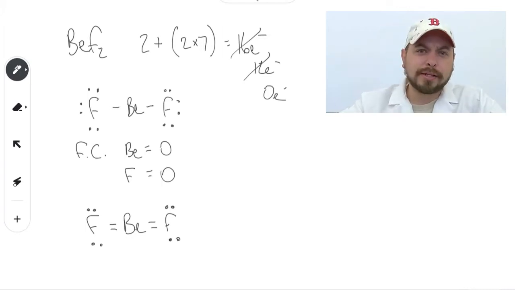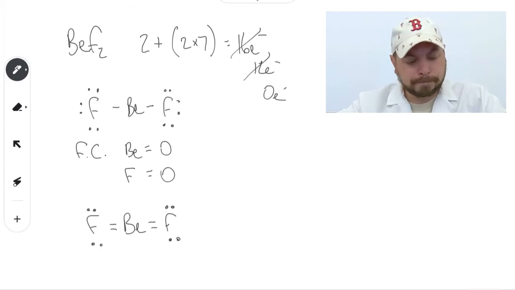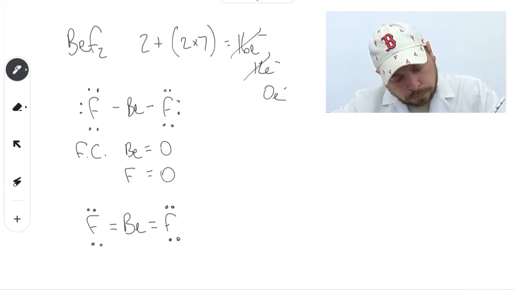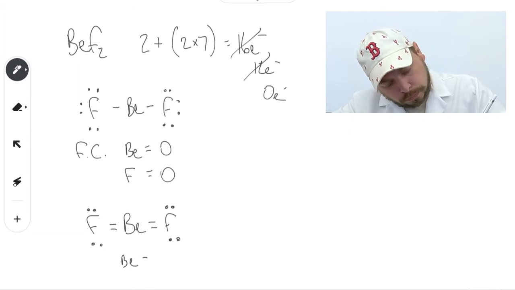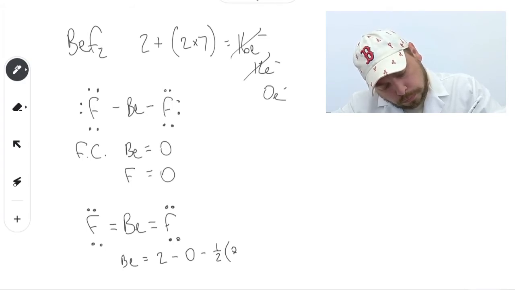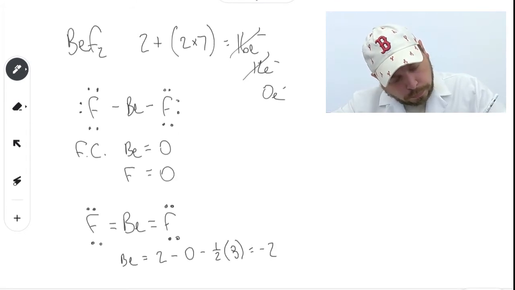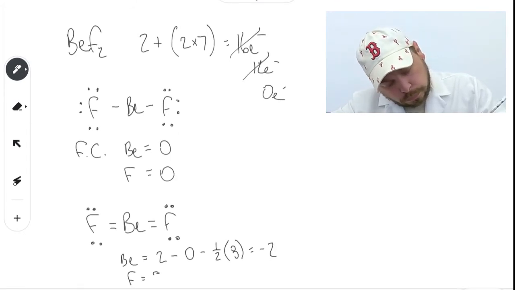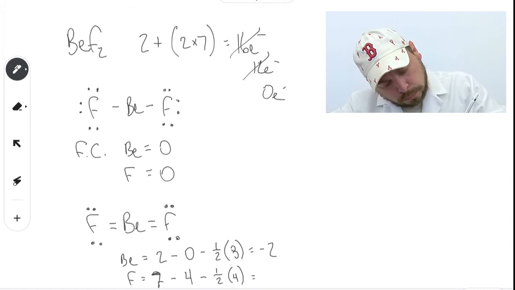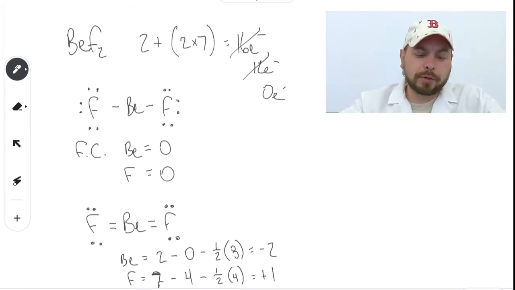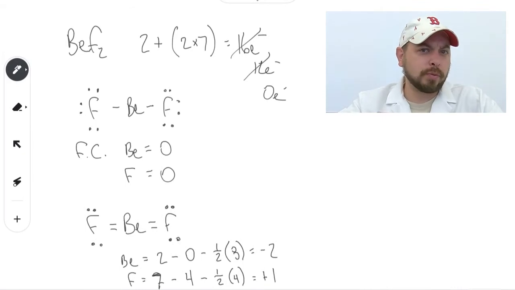If we look at this, beryllium's formal charge would be -2, and fluorine's would be +1.